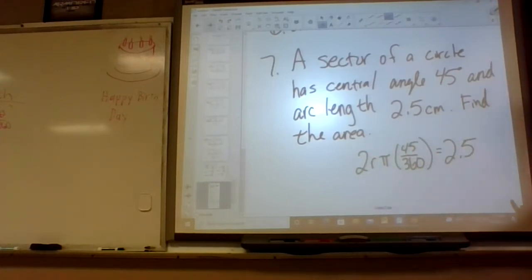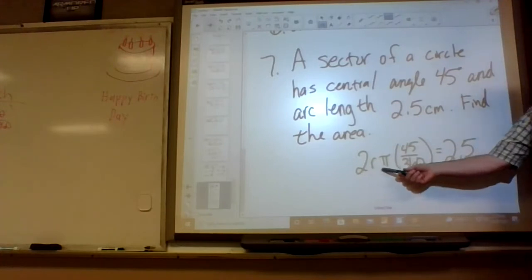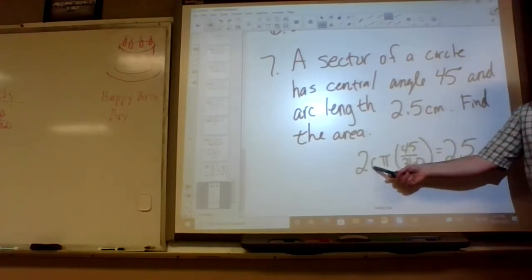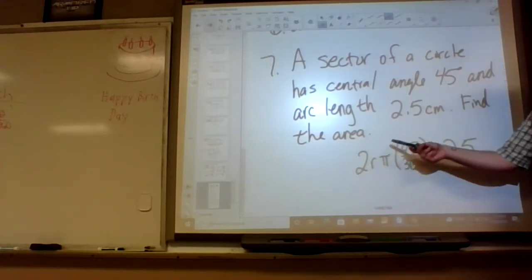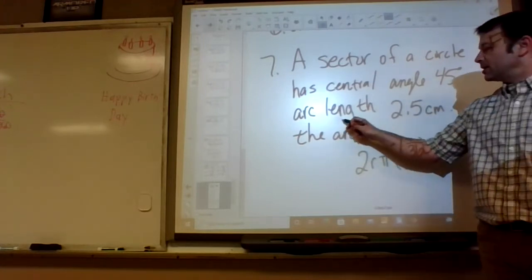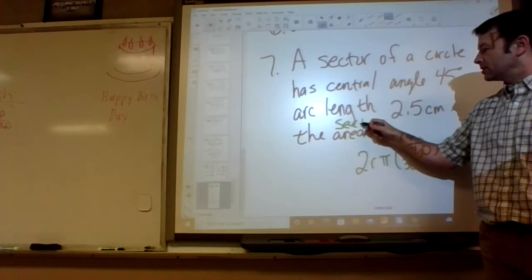You set your arc length formula equal to the arc length. And how could we solve that for r? Okay, because we can use that information to find out what the radius is. And if we have the radius, then we can find the area. I should have said sector area right here, not area.